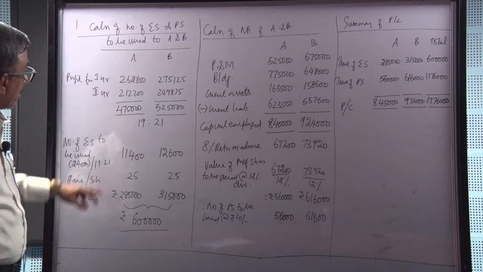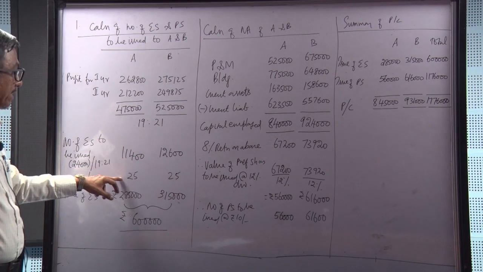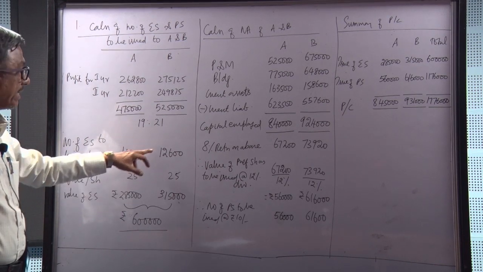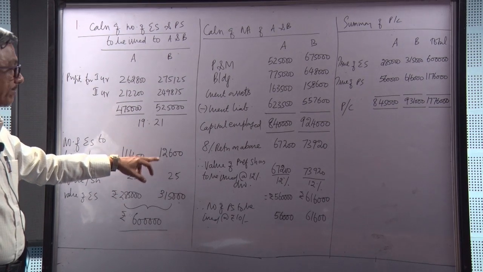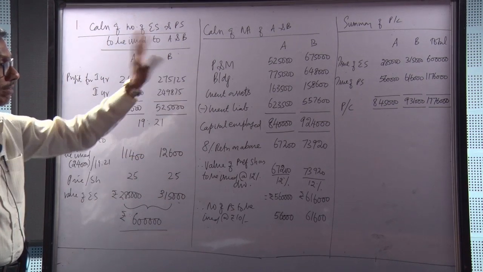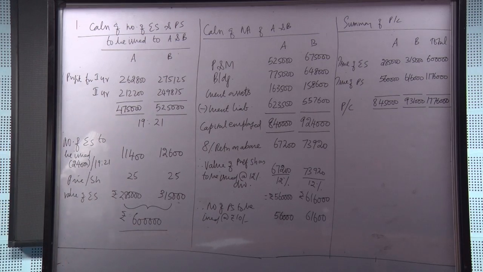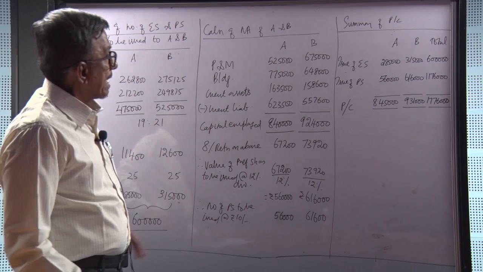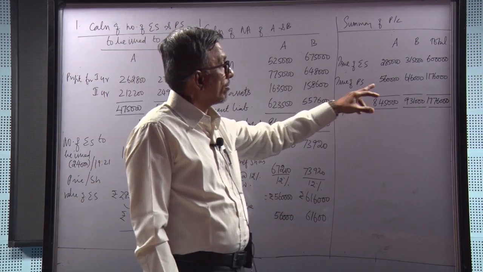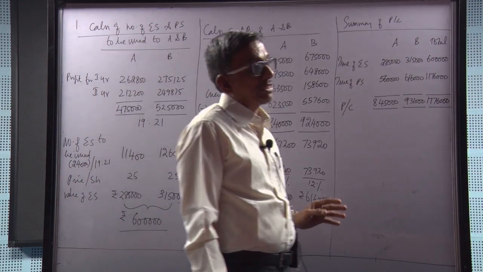So A will get 11,400 shares of 25, that is 2,85,000. B will get 12,600 shares of 25, that is 3,15,000. Total 6 lakh rupees worth of equity shares will be issued. Preference shares will be 56,000 shares of 10 for A, that is 5,60,000. 6,16,000 worth of preference share for B, so total is 11,76,000.